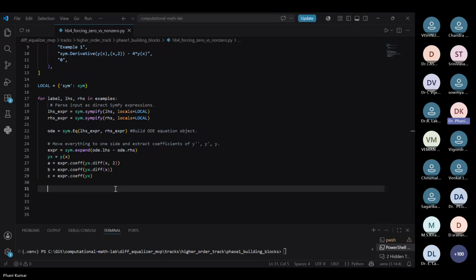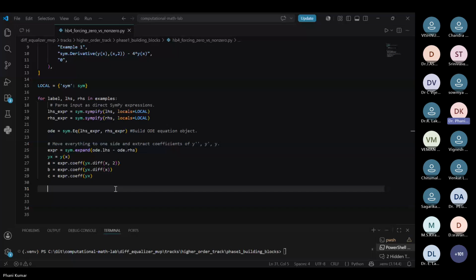and convert the left hand side part into an operator form. From that operator form, that itself is a characteristic equation, also called an algebraic equation. We are going to find the roots of that algebraic equation.